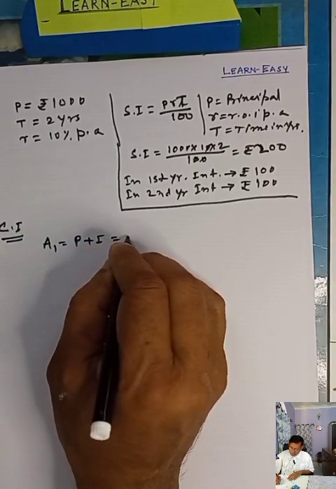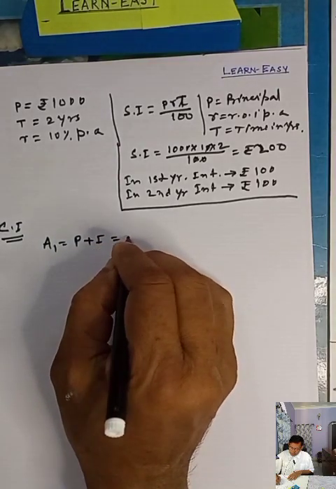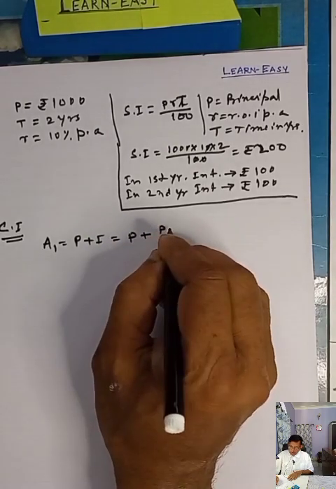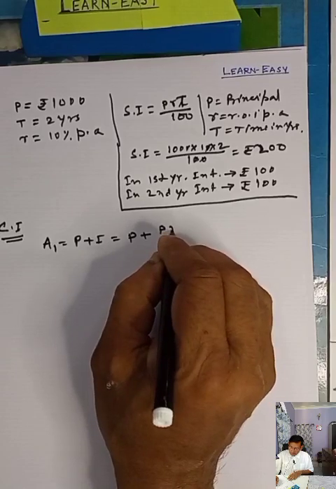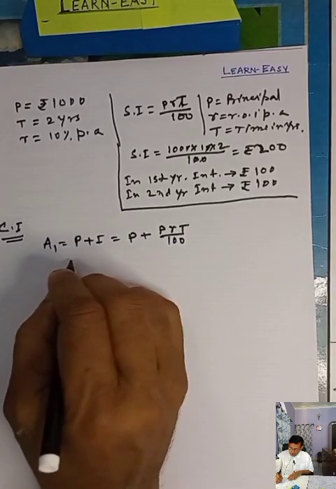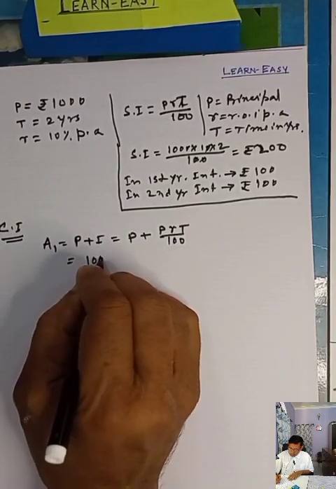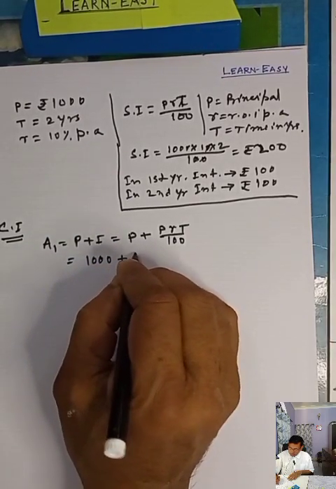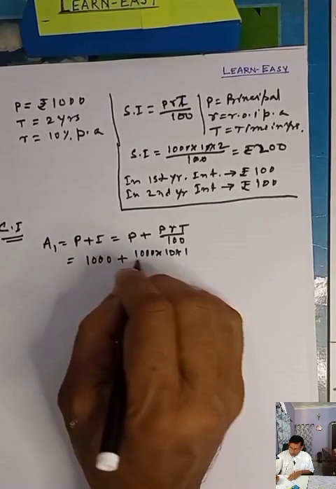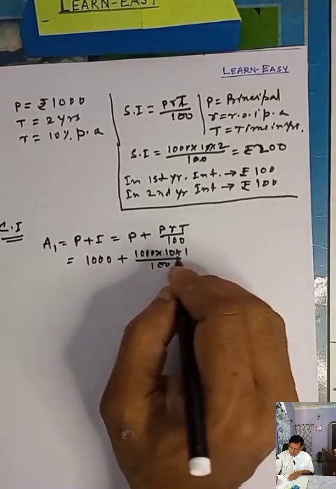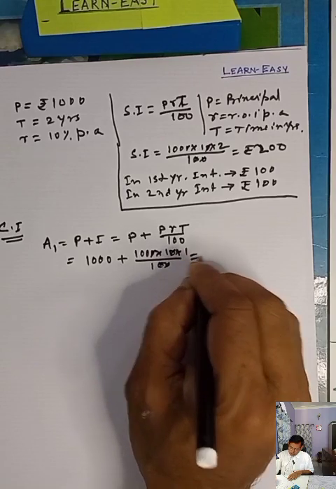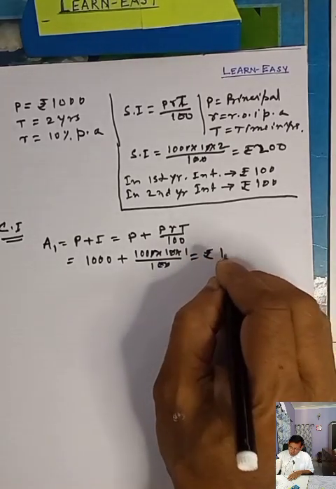So it will be P plus PRT divided by 100. It will come 1000 plus 1000 into 10 into 1 divided by 100, is equal to rupees 1100.